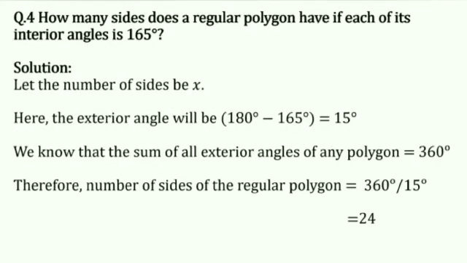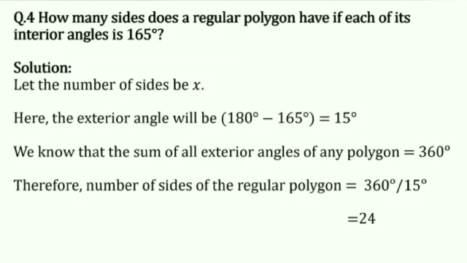Next, question 4. How many sides does a regular polygon have if each of its interior angles is 165 degrees? In the previous question, you were given number of sides of a regular polygon, and here you are given a measure of interior angle and you have to find number of sides.